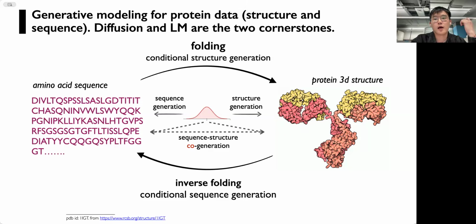When we talk about protein data, there are two major modalities: structure and sequence, as you can see from these slides.